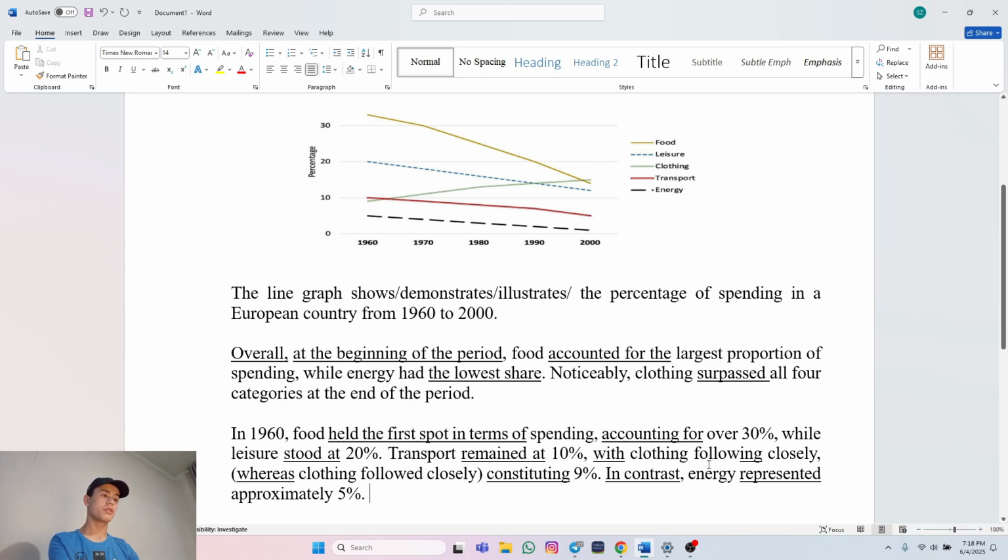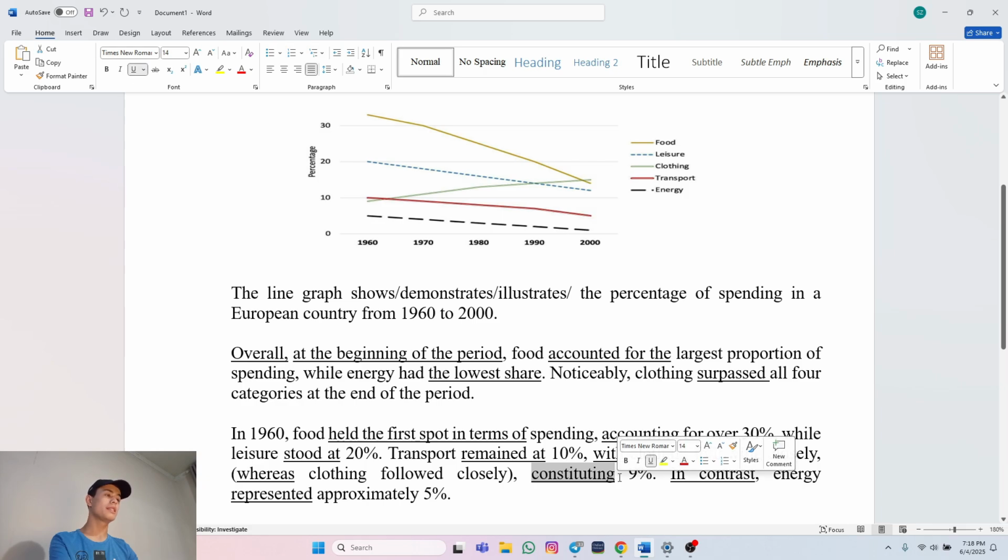Instead of ing, you just have to give the past version of it. Or if you use this, you have to give ing instead of ed, right? You know this, I think. And here, comma, constituting, and this word also means accounting for, but there is no need to use for. Constituting can be enough, okay?